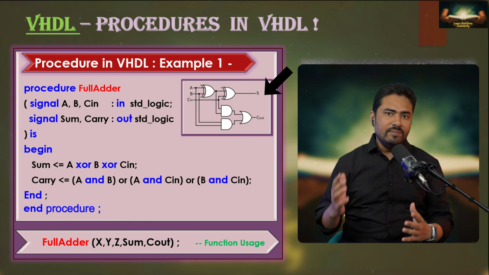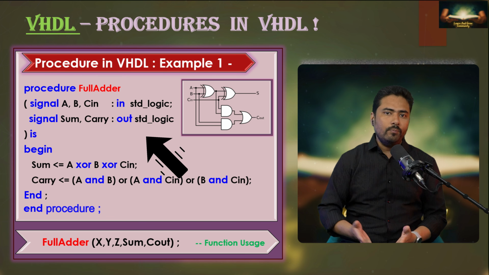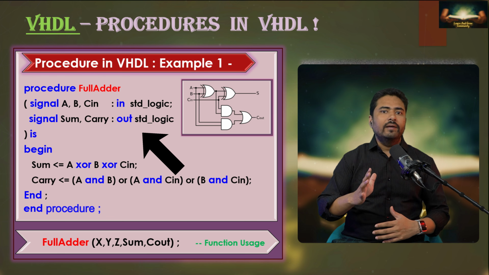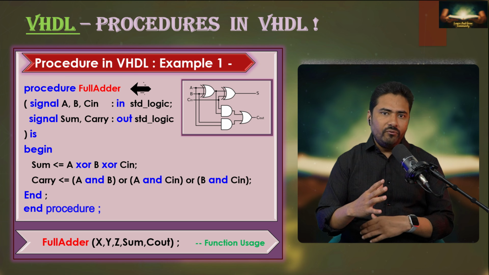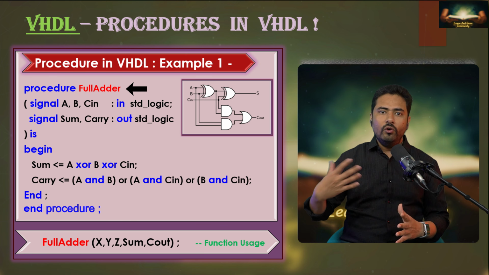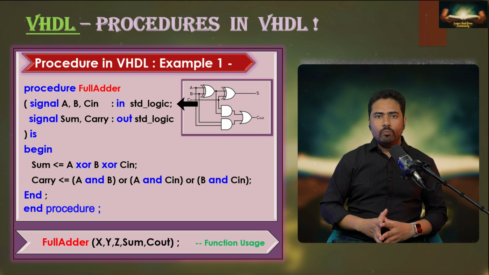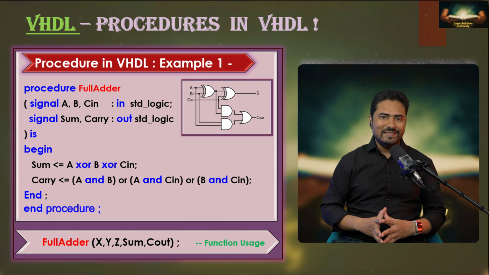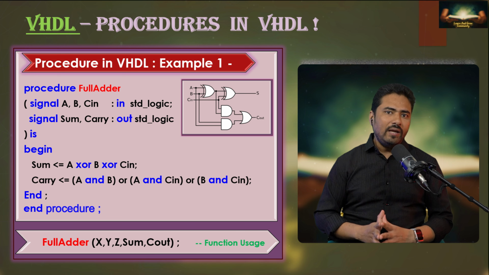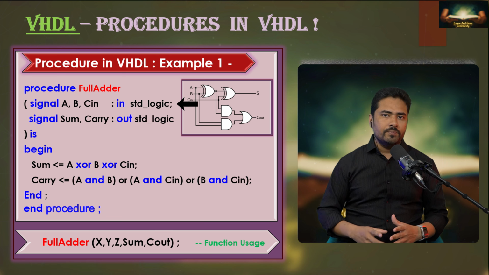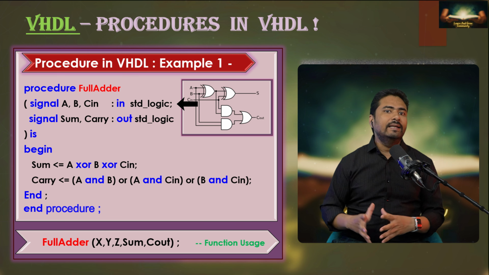To implement this simple full adder circuit in a VHDL procedure, we start by declaring the procedure name. Here we gave it the name full adder. Next, we declare all the necessary inputs and outputs as parameters. For our circuit, we have three std_logic inputs, A, B, and C in.